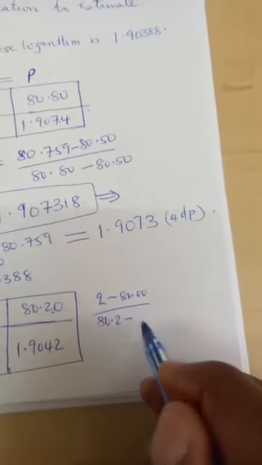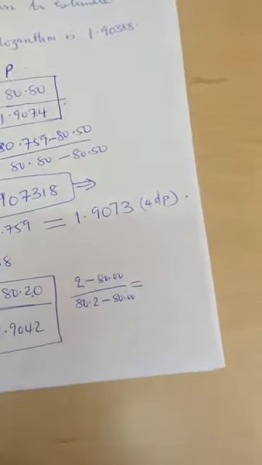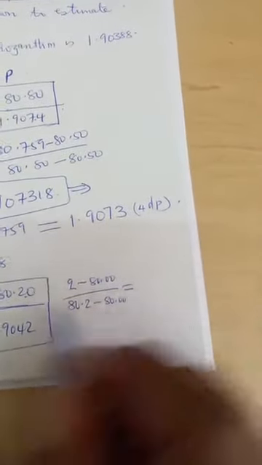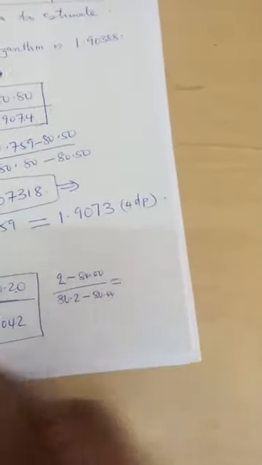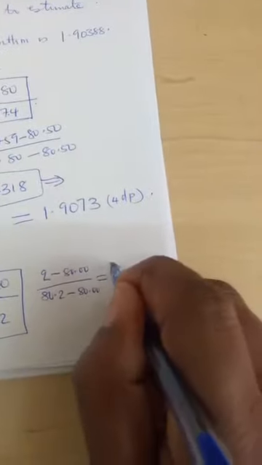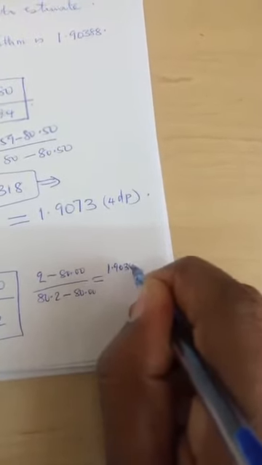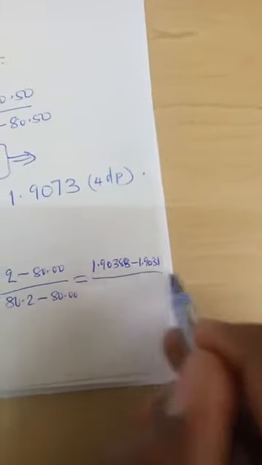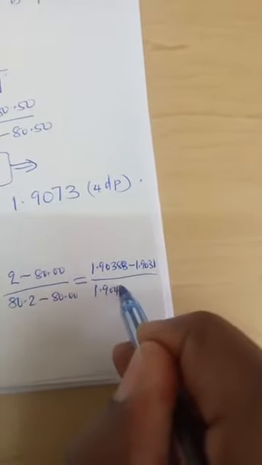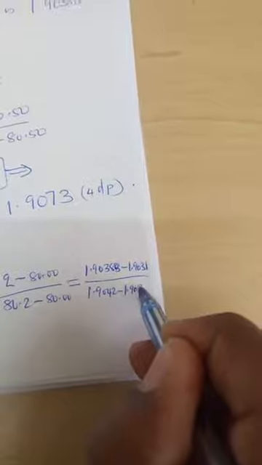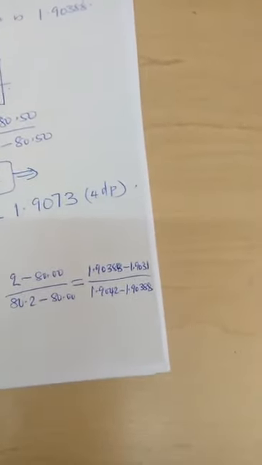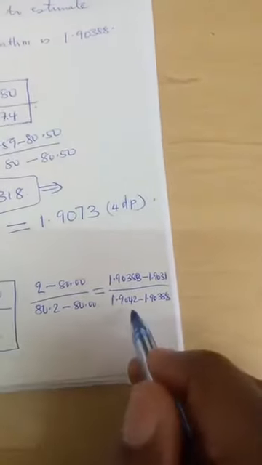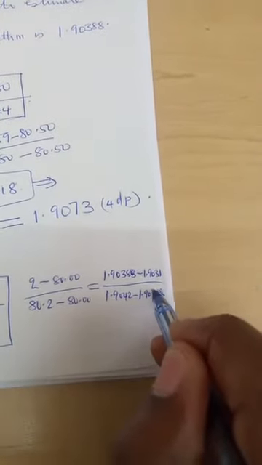80.2 minus 80, because now that I have worked with the numerators, I will start with this, should be equivalent to 1.90388 minus 1.9031 over, again, my 1.9042 minus 1.90388. 1.9042 minus 1.9031.